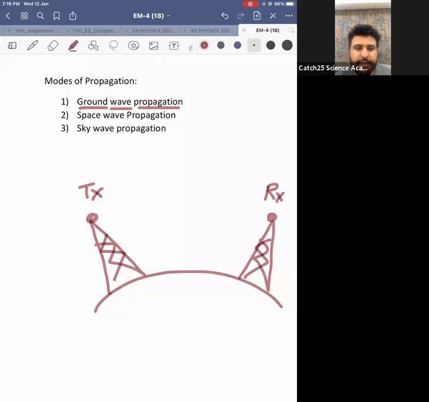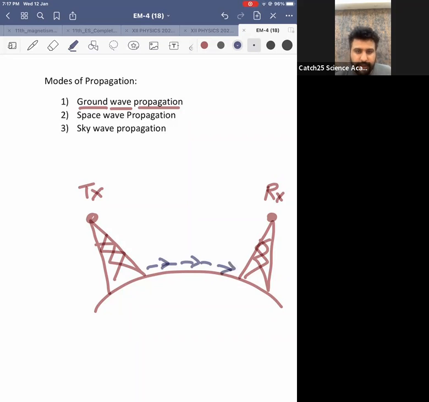In electronics, transmitter is denoted as TX and receiver is denoted as RX. What does TX stand for? Transmitter. What does RX stand for? Receiver. Now in ground wave propagation, the signal, that is the radio wave, goes from transmitter to receiver along the ground. That is why it is called ground wave propagation.